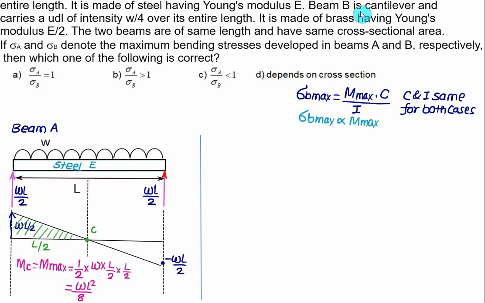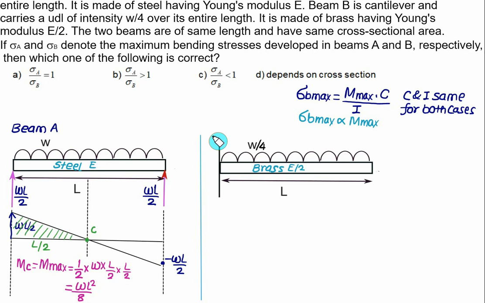Beam B is a cantilever and carries a UDL of intensity W by 4 over its entire span, and it is made up of brass having Young's modulus equal to E by 2. So this one is beam B, a cantilever of span equal to L, and the UDL is W by 4. It is known that the maximum bending moment always occurs at the fixed support.